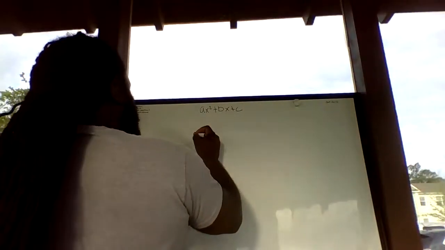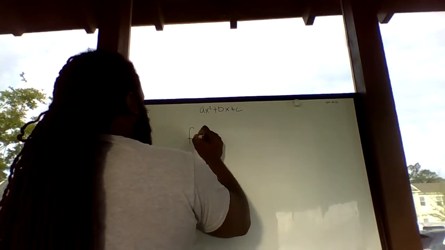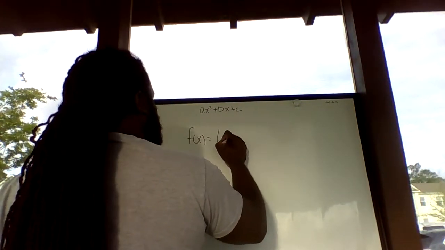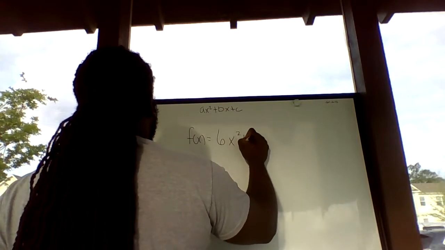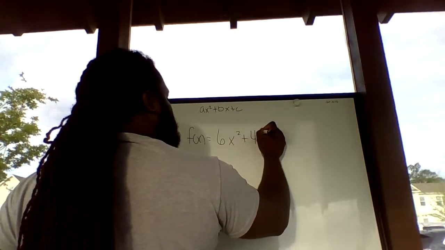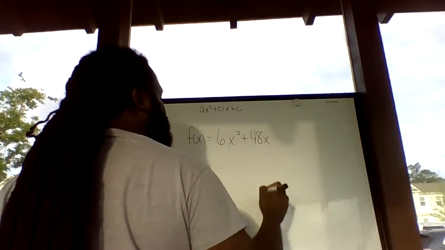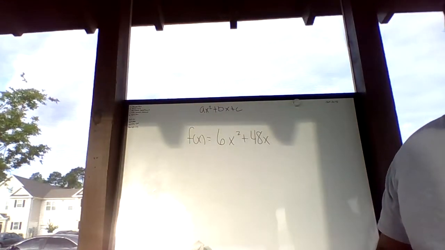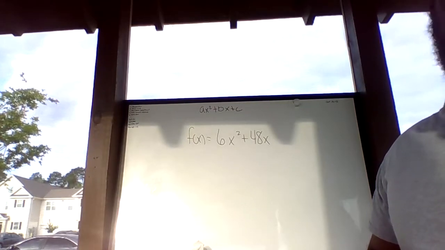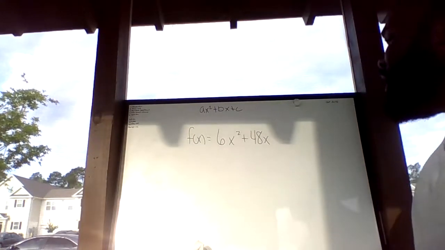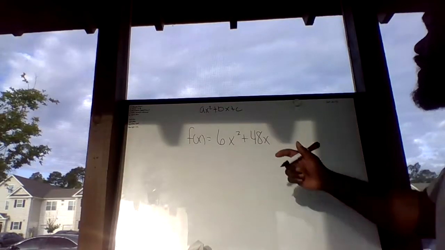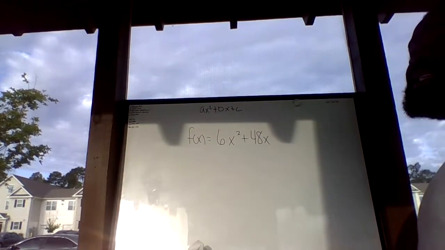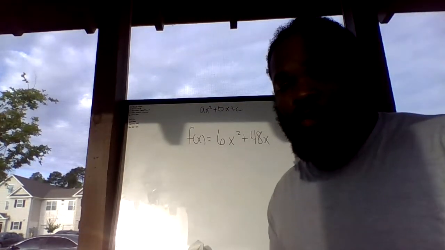All right, my next example. First thing, step 1, make sure it's in standard form. Is it already in standard form? Well, my powers are in descending order. We got 6x squared plus 48x. Perfect. Next thing we want to do is factor out our A. What is our A here?